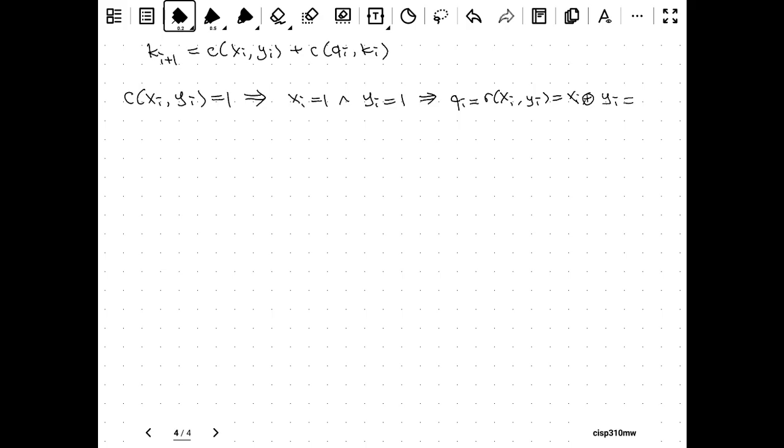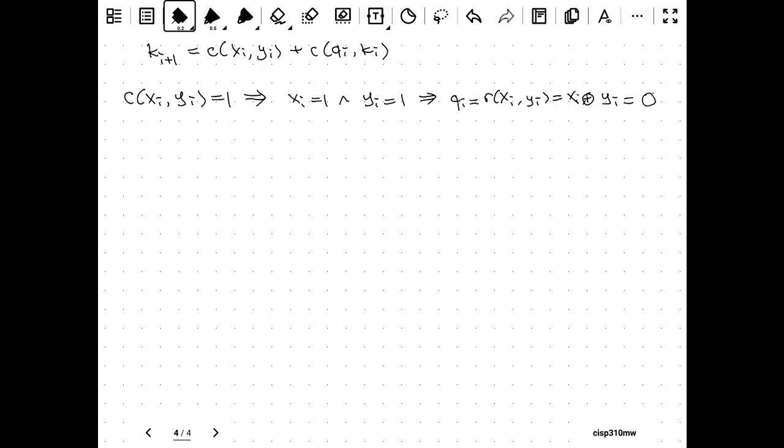Since we already know xi has to be a 1 and yi also has to be a 1, that means Q of I is the R of 1, 1 in this case. You don't even need to use the Boolean version of R. You can use the old version. What is 1 plus 1, the whole thing, mod 2? 0. Exactly.